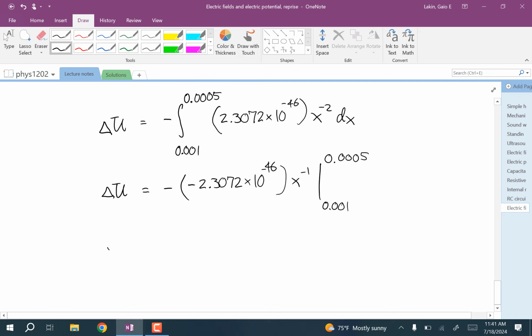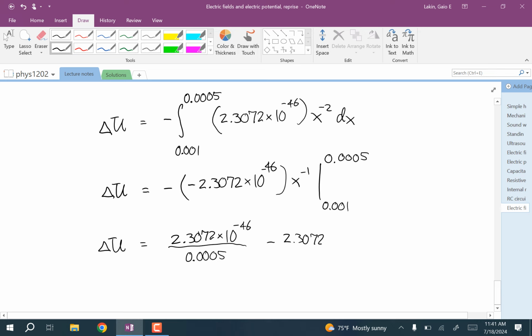Okay, so what we get is, I'm going to just rewrite this, those two negatives cancel out, and we have 2.3072 times 10 to the minus 46 divided by 0.0005 minus 2.3072 times 10 to the minus 46 divided by 0.001.